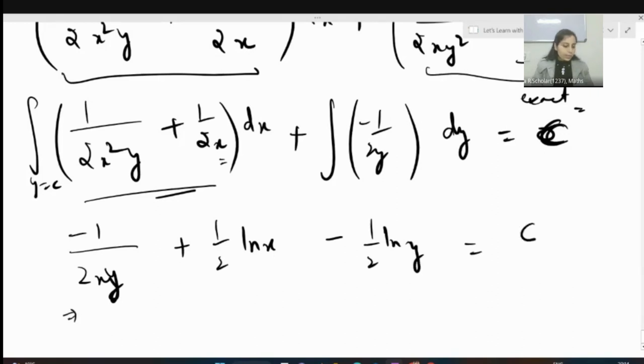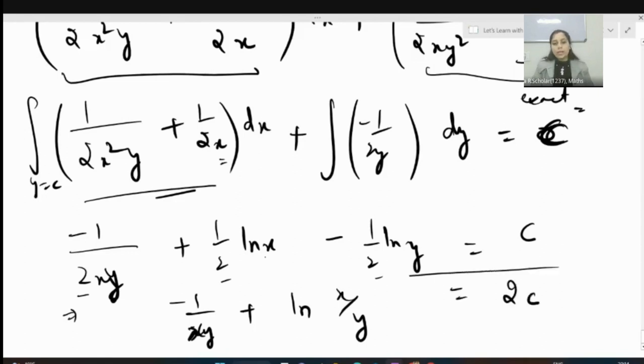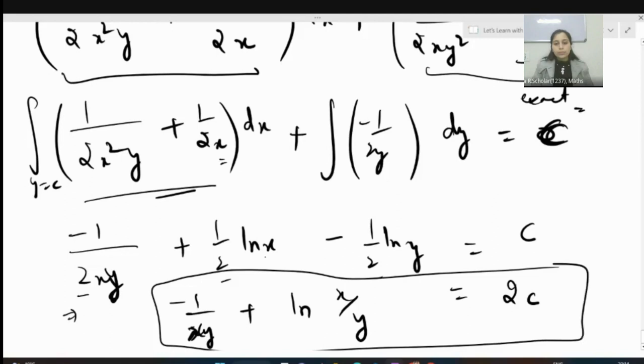So from here, taking 2 as common, we get minus 1 by xy plus log x minus log y, which will be equal to log x by y, and this equals 2c. So this is our required solution. Or you can turn it into another form, which is given in the option. This is the required solution.